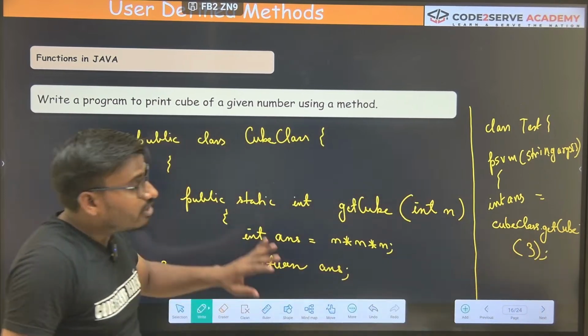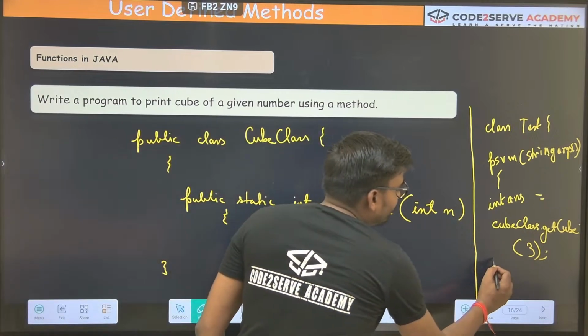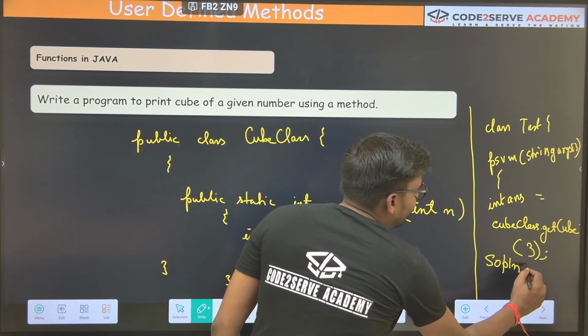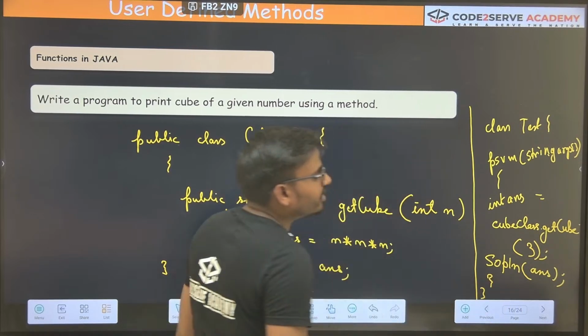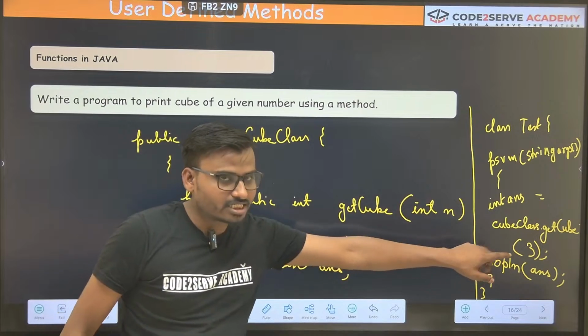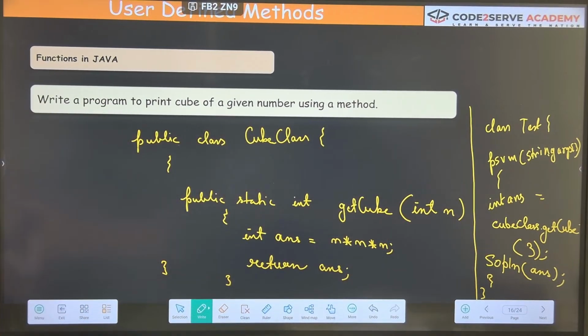Okay, so how the control is going, have a look over here. And now we are going to write sopln, System.out.println(ans). In your exam you need to write it completely, System.out.println. Okay, so how will the execution happen?